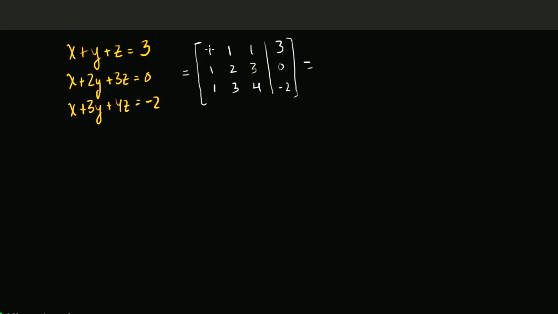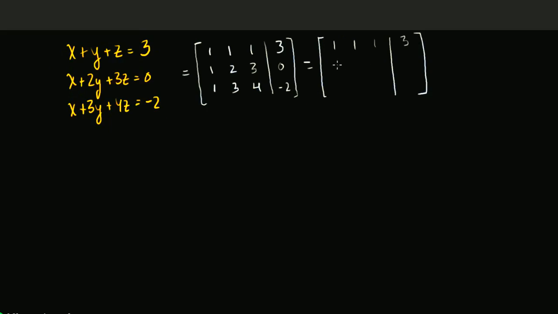So the first thing, I have a leading 1 here. That's a pivot entry. Let me make everything else in that column equal to a 0. So I'm not going to change my first row. So it'll just be a 1, a 1, a 1, and then my dividing line, and then I have a 3. Now, to zero this out, let me just replace the second row with the first row minus the second row.